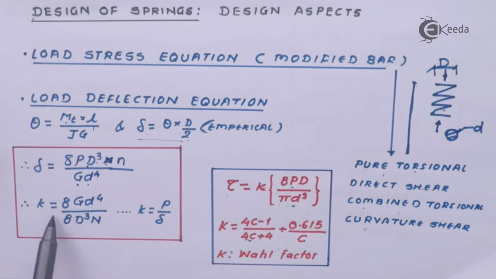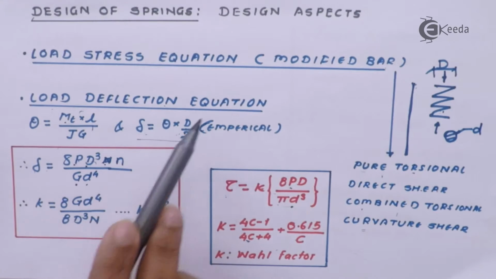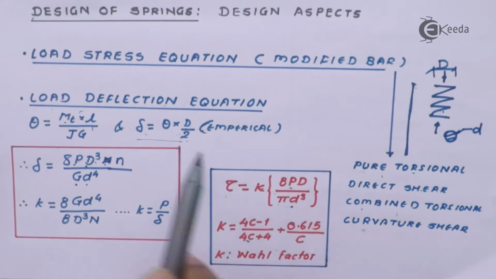We will get the formula for spring factor as this one. So these two equations are called the load deflection equations, whereas this particular equation is called the load stress equation. Further analysis of this spring will be based on these equations.